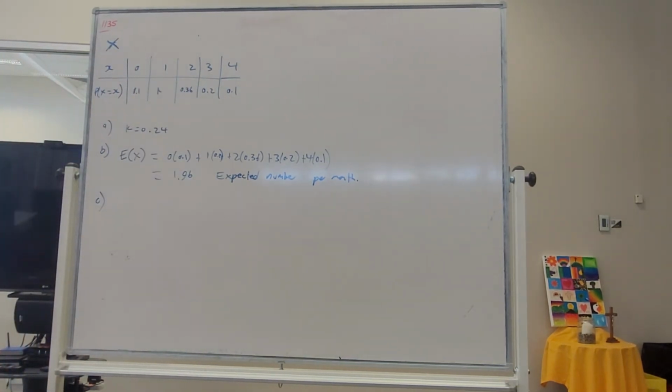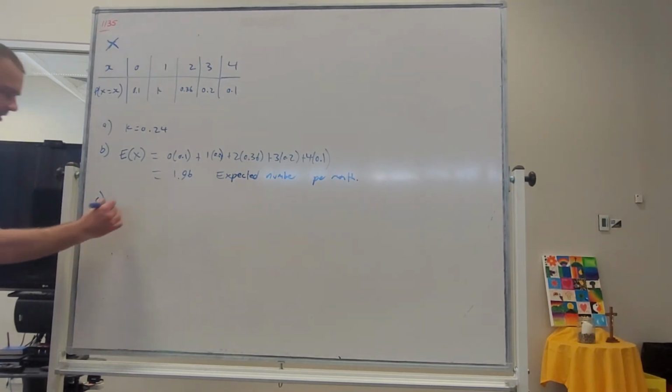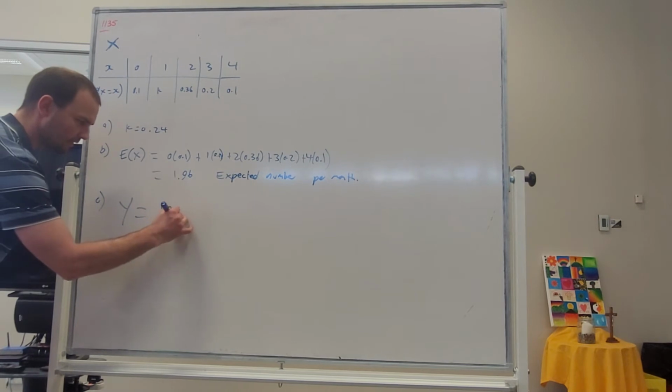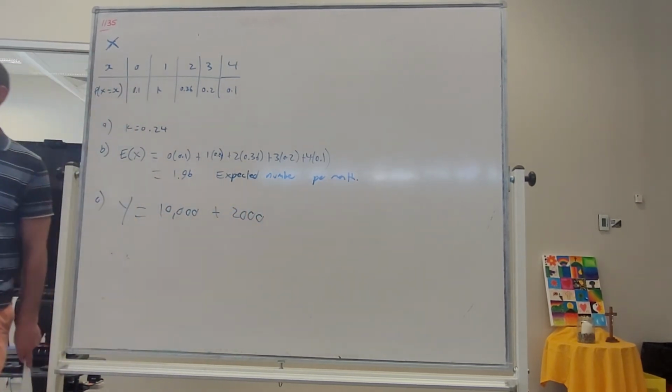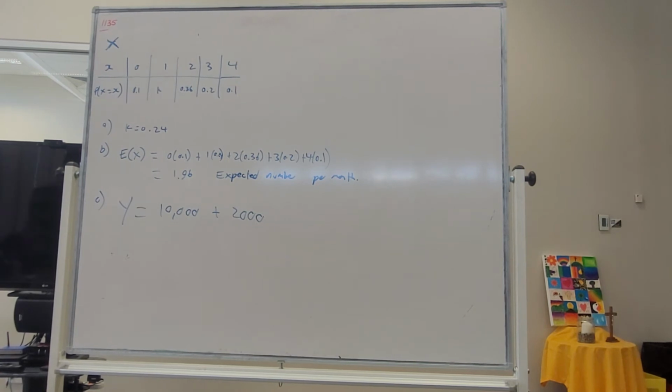Part C says, let Y be the amount of money he earns in a month. Express Y in terms of X. Well, we know he's going to make $10,000 plus $2,000 for every case that he solves.